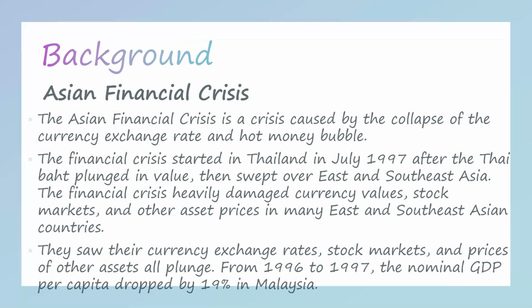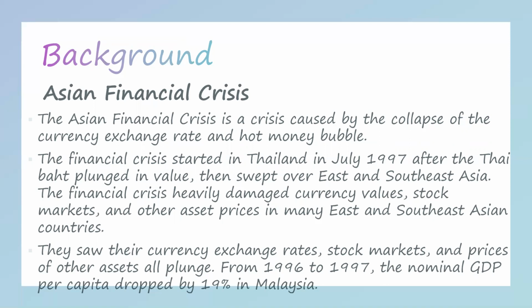Okay, about the background, first I will introduce the Asian financial crisis. The Asian financial crisis is a crisis caused by the collapse of currency exchange rates and a hot money bubble. The financial crisis started in Thailand in July 1997 after the Thai baht plunged in value, then swept over East and Southeast Asia.